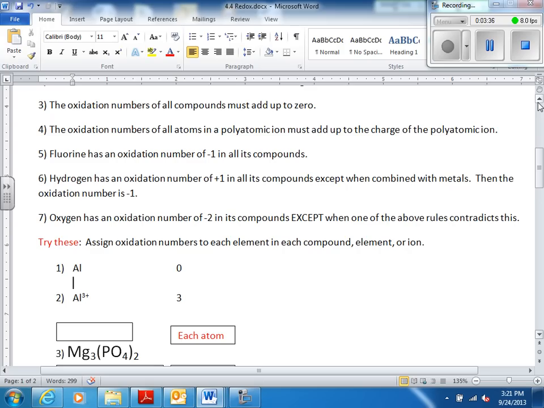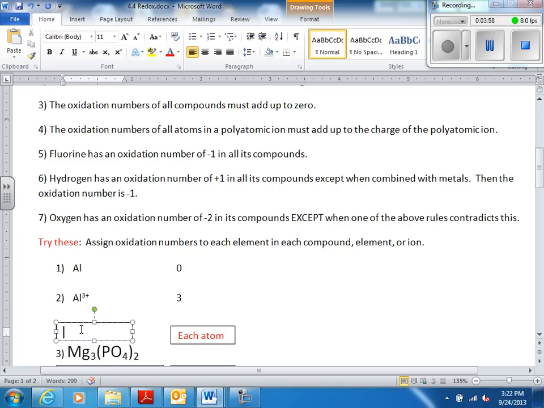Now, we need to recognize that this is an ionic compound made up of magnesium ions and phosphate ions. So we've been seeing these ions for a while, working with charges, and we know what the charge of an Mg is when it's by itself as an ion, not part of a polyatomic ion. And we know, because this is ionic, these are Mg ions.